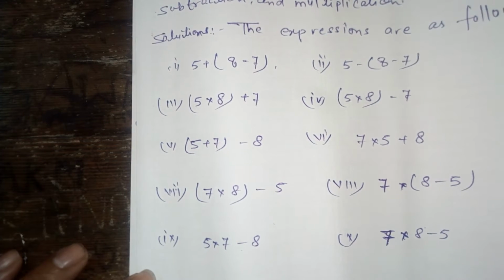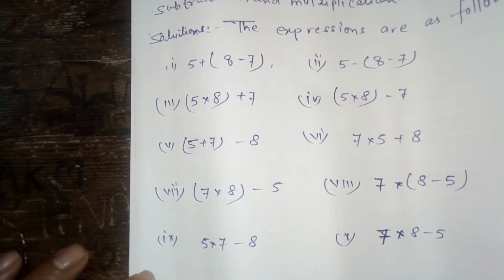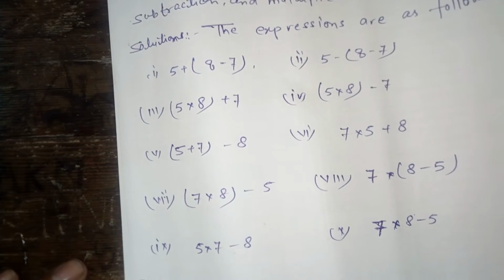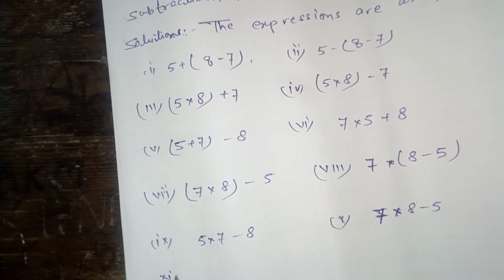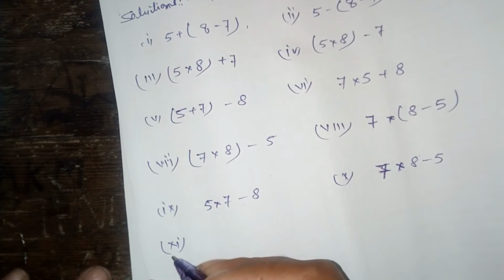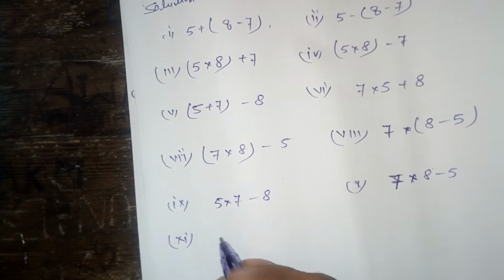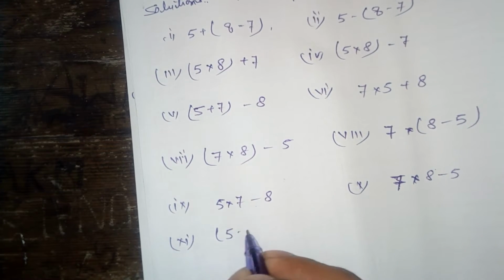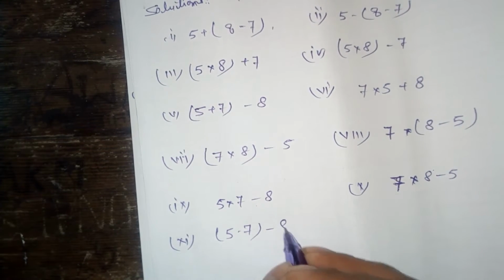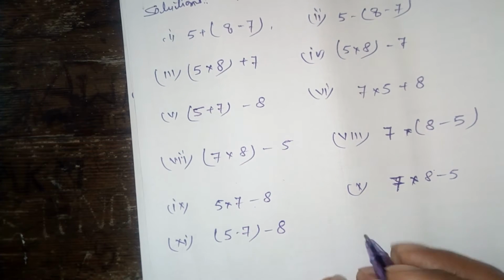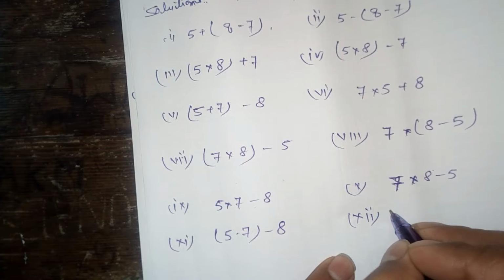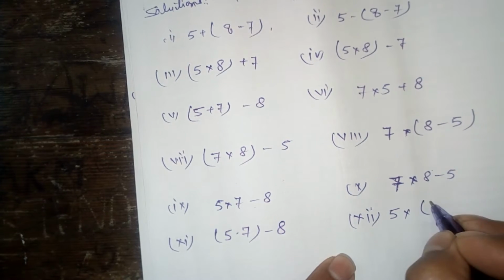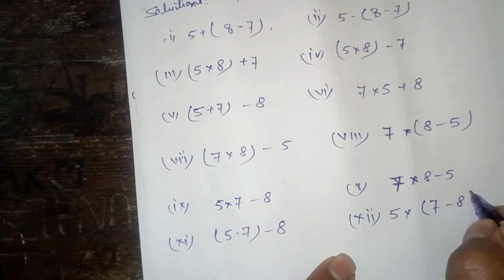My dear students, you can make different types of expressions. For example, suppose your 11th expression is, now look here, in bracket 5 minus 7 minus 8. And your 12th expression is 5 into in bracket 7 minus 8.